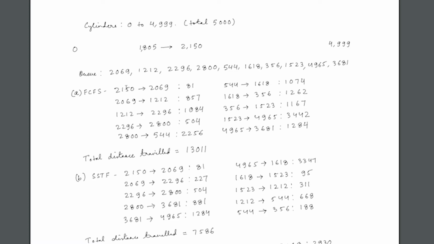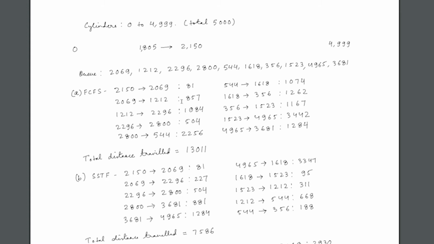So from 2150, they move to 2069, and in doing so, they travel 81 cylinders. This number is obtained by subtracting 2069 from 2150. So 2150 minus 2069 is 81. From 2069, they're going to move to 1212, because it's the second request in the queue.